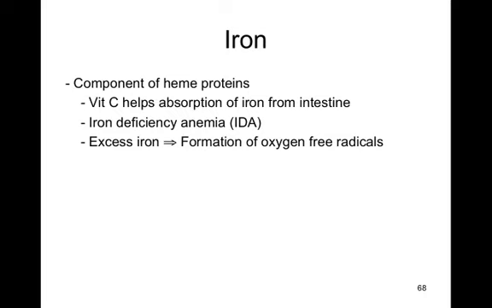Free radicals of oxygen are highly reactive, and they can react with your DNA and your cell membranes, which in turn can damage them. So these free radicals can cause quite extensive damage to your body.